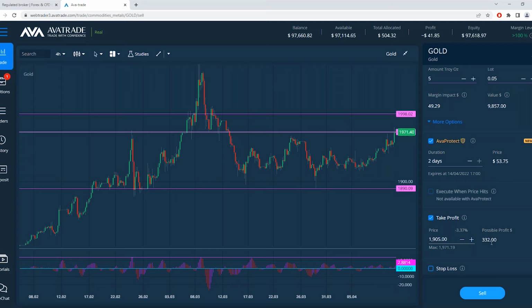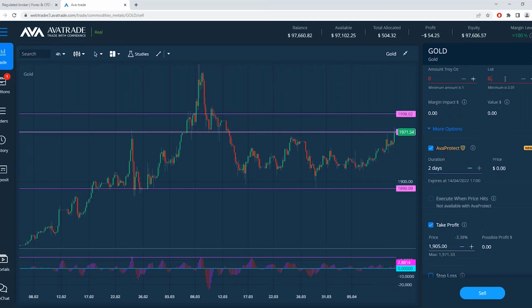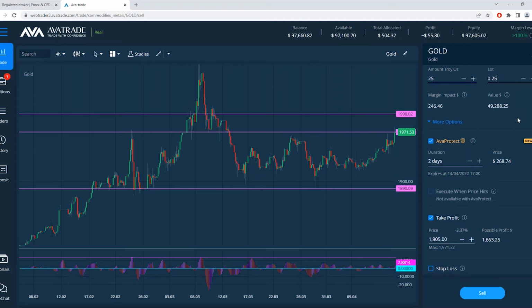Potential profit 330 plus. The cost of the protection only 53. If I'm willing to spend that fictitious number I made up, 250 per trade, to risk that much to go after my profit, I actually can take a bigger trade than this. Okay, a quarter of a lot costs me 268 for the protection.